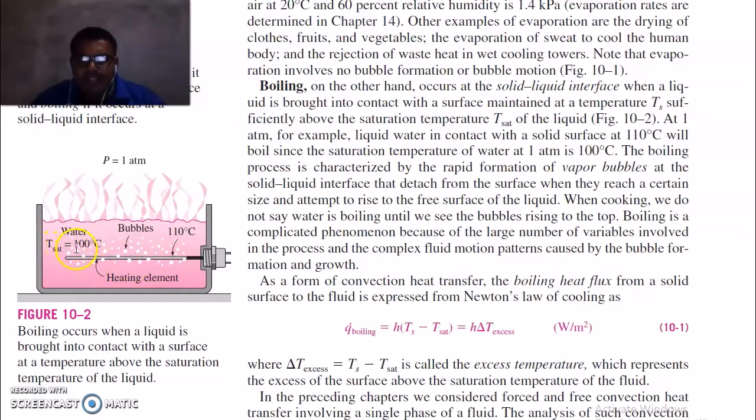The boiling process is characterized by the rapid formation of vapor bubbles at the solid-liquid interface. The bubbles detach from the surface when they reach a certain size and attempt to rise to the free surface of the liquid. When cooking, we do not say water is boiling until we see bubbles rising at the top. Boiling is a complicated phenomenon because of the large number of variables involved.